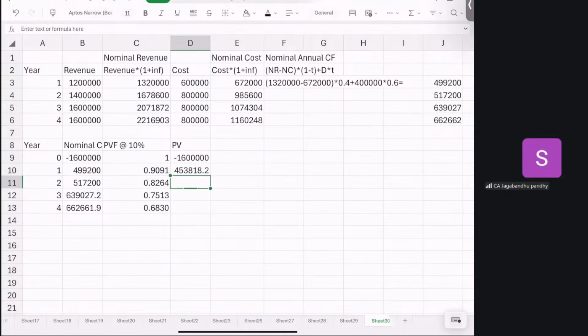Just multiply the nominal cash flows. Thank you, sir. Okay. So our NPV is like 13,947. Great, everyone. Getting these NPV numbers, just verify.